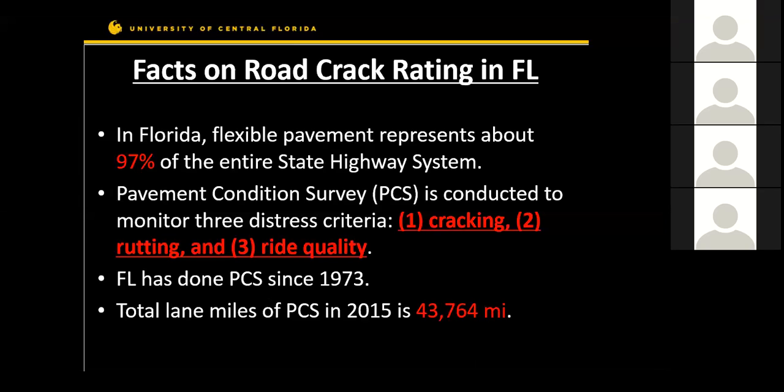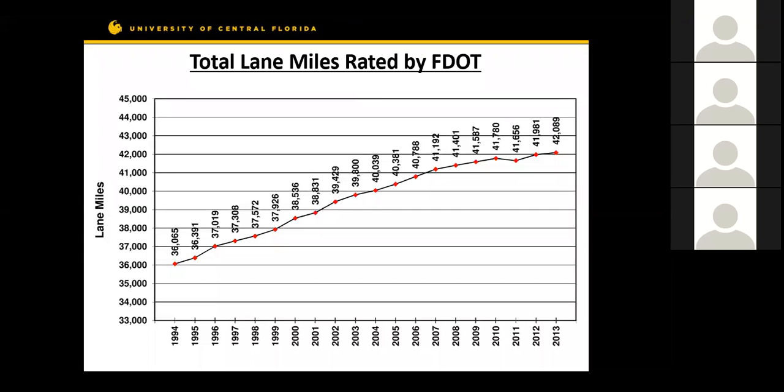The only step that remains very slow, very costly, very inaccurate and subjective is the cracking, and that's mainly because it's still manual. The problem seems even worse when you consider that from 1994 till 2013, we constantly had more pavement because of the expansion of the road network. We had more pavement to evaluate, which means more manual workforce has to be used.